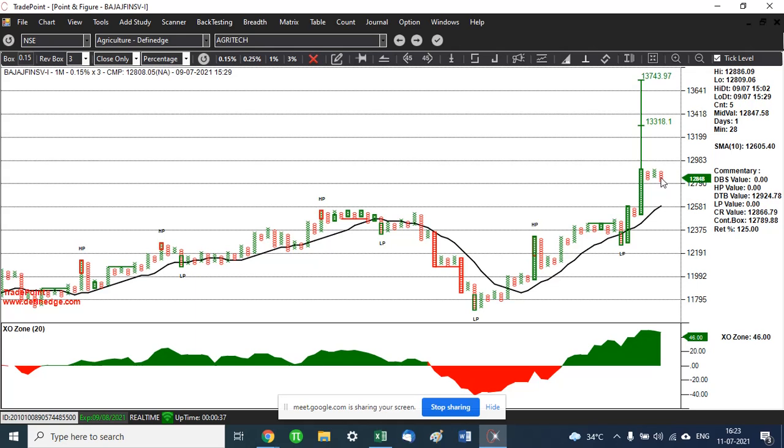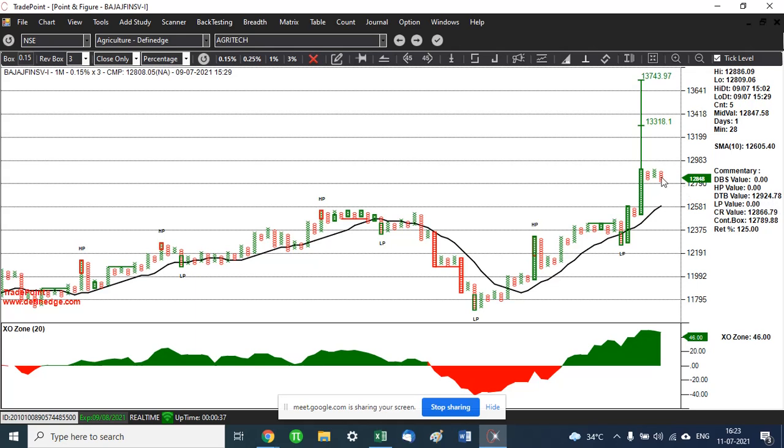And you can see here, it will show you the value as to when it will generate a double top buy. So if we are putting the cursor on this column of O, it is showing this double top buy value 12,925.